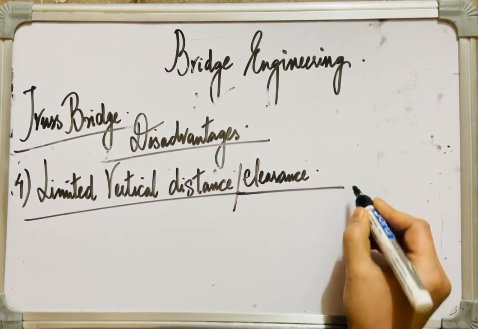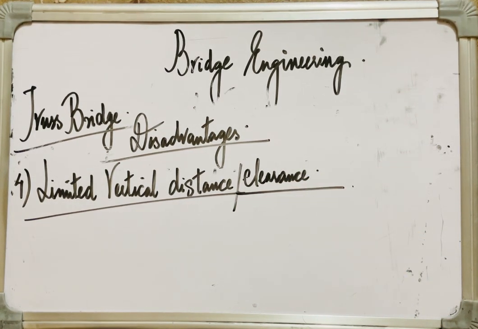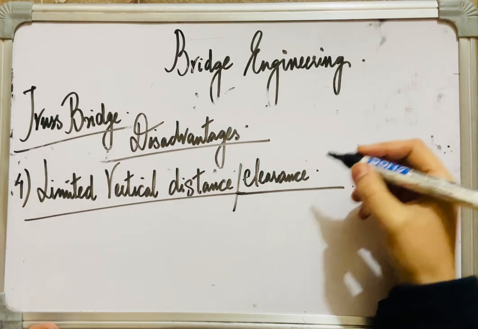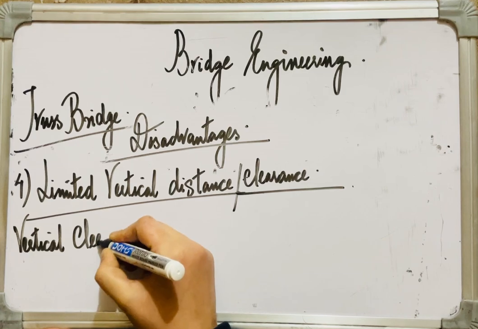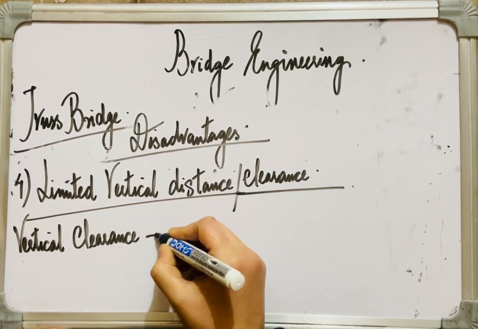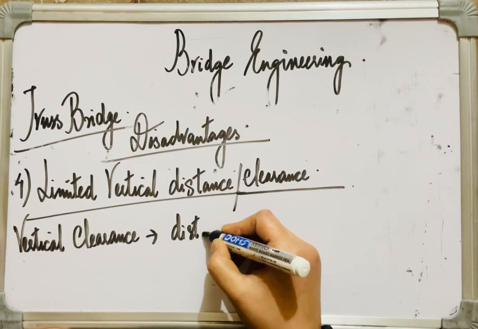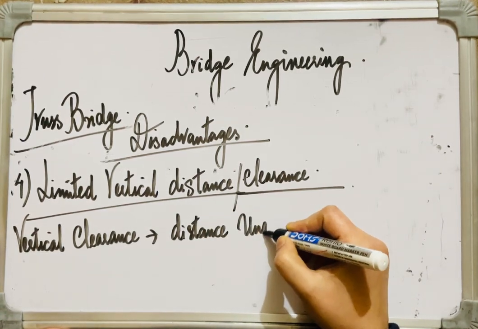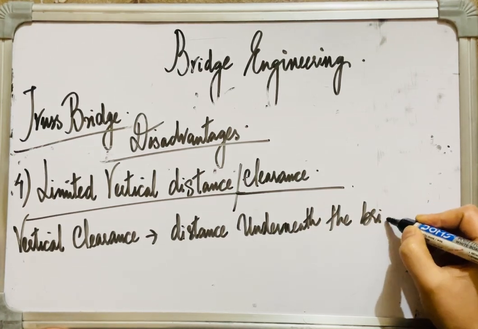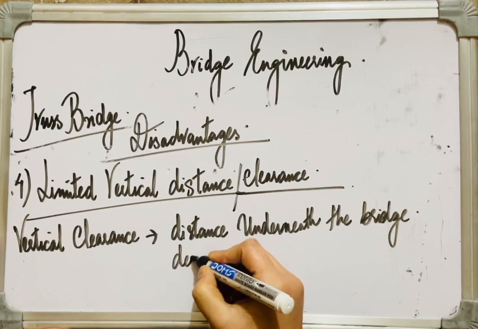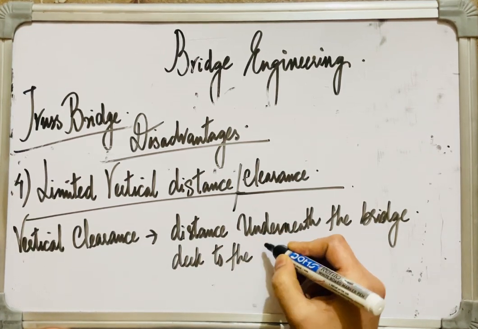It's the distance between the underneath of the bridge, that is the bridge deck, and the road or a river body below. That is in case of road bridges or river bridges. That is known as the vertical clearance or the vertical distance. Let me write it down over here. It is the distance that is measured from underneath the bridge deck to the surface below.